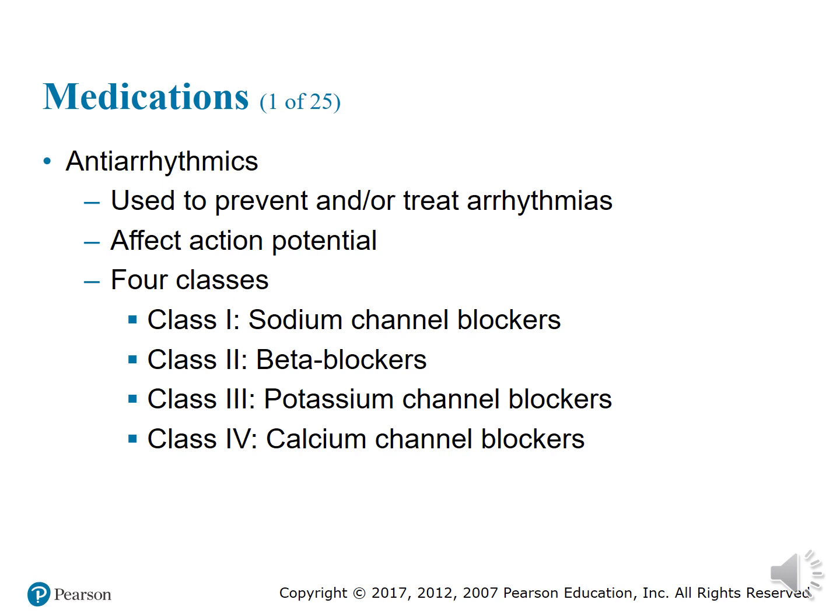You have class 1, which is your sodium channel blockers, class 2, which are your beta blockers, class 3, which are your potassium channel blockers, and class 4, which is your calcium channel blockers. And as you can see, if you go back in chapter 2, every single one of these has some type of effect on your action potential.